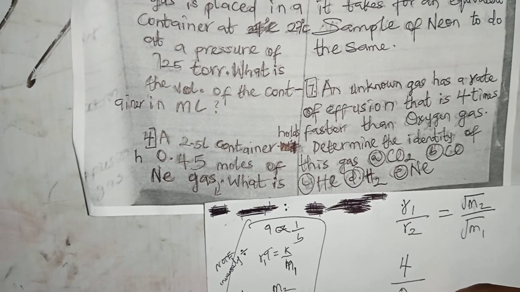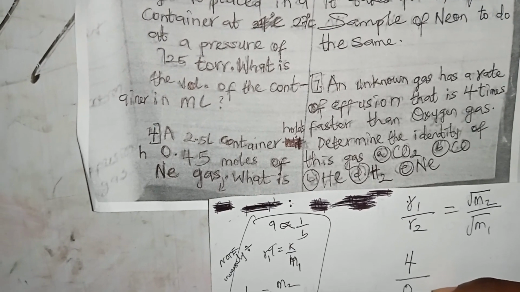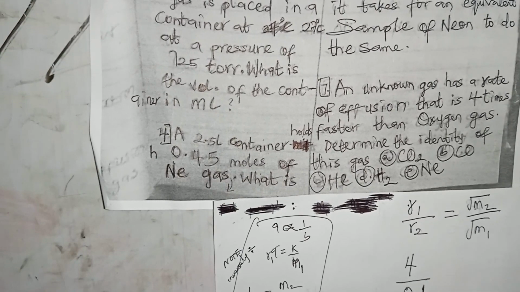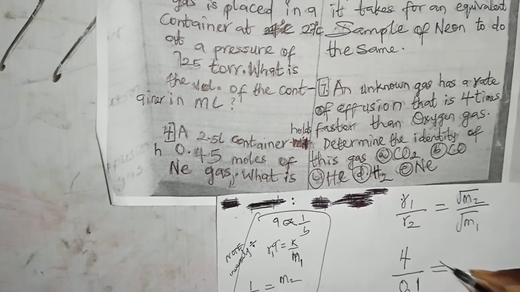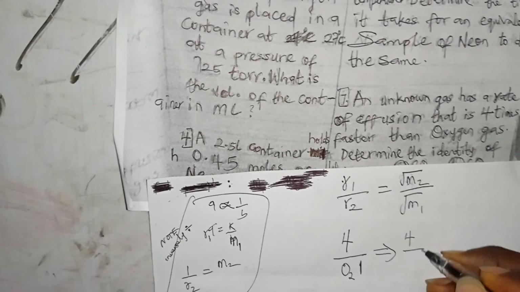The unknown gas is the first. Oxygen gas in this case is 1 because the unknown gas is 4 times faster than it. So it's the same thing as saying R1 is 4, R2 is 1.